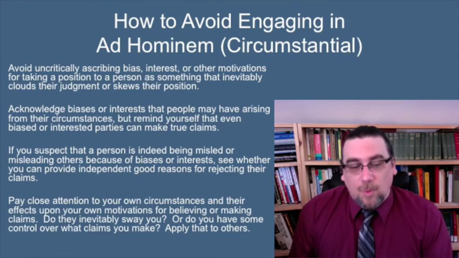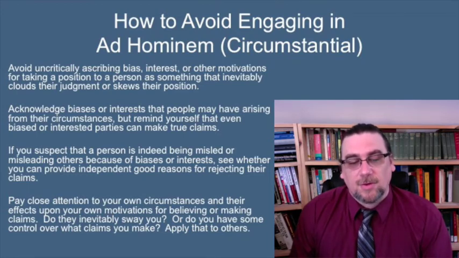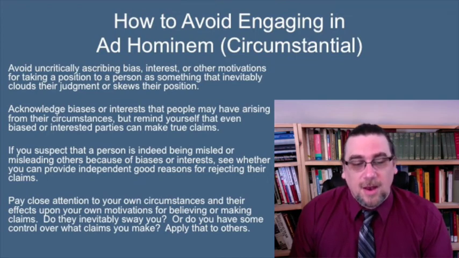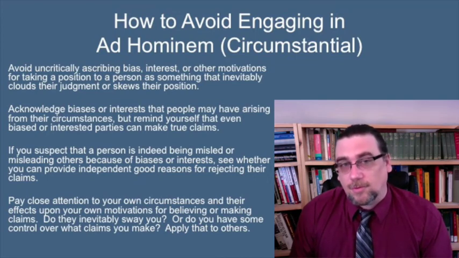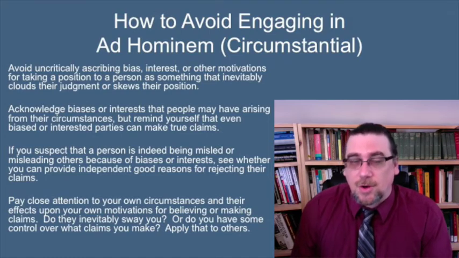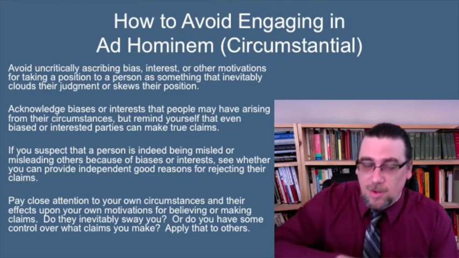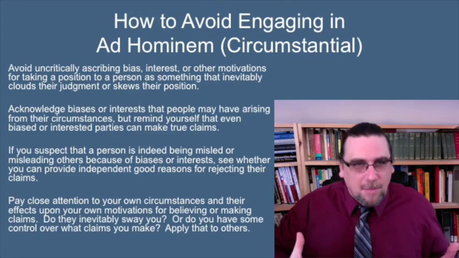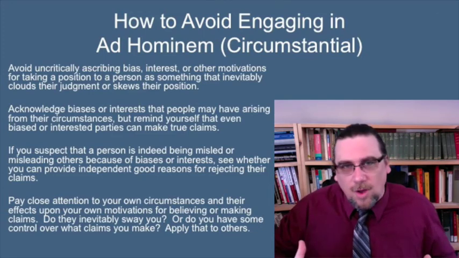Well, one thing is avoid uncritically ascribing bias, interest, or other motivations for taking a position to a person as something that inevitably clouds their judgment or skews their position. If you do that, you have a very, very low view of human nature, and it applies equally to you. It's quite possible to have a bias and also to overcome the bias.